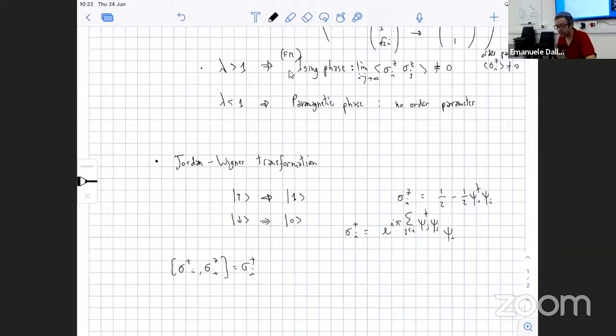Once you do that, you can check, as homework, that if you use this definition, then the commutation relations are fixed. So these additional factors allow us to transform commutations into anti-commutations. That's basically the idea.